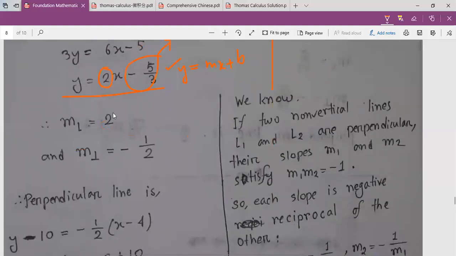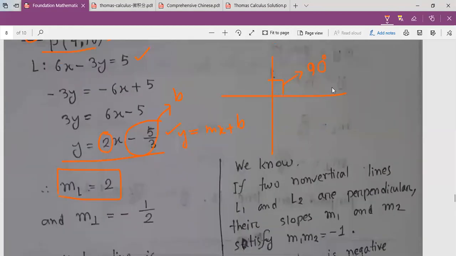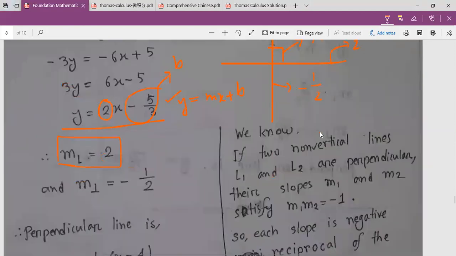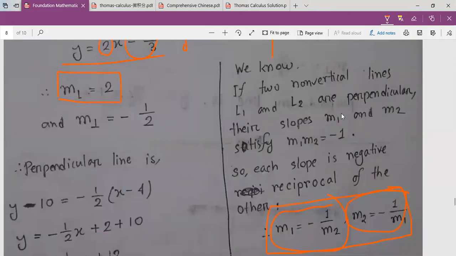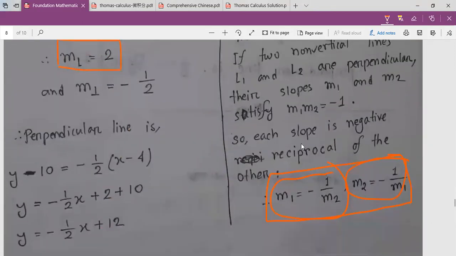For m equal to 2, if we want to draw a perpendicular line, we get minus 1/2. You can see here the rules: m1 is equal to minus 1/m2, and m2 will be minus 1/m1. This is the value of the slope.